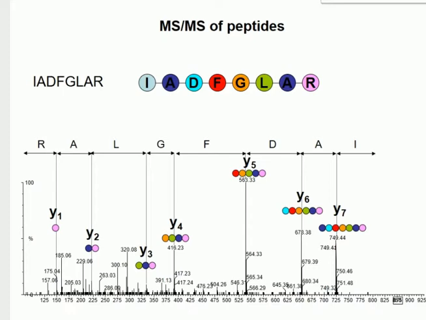So if it cleaves here, you should have a B2 fragment, which comprises the isoleucine and the alanine, and a Y6 fragment, which comprises this. But remember that the precursor only had one charge, and it's likely to be on the arginine because the arginine is basic, which means you won't see the B2 fragment because there's no charge there. It's a mass spectrometer and it needs to be an ion for it to be able to be picked up.